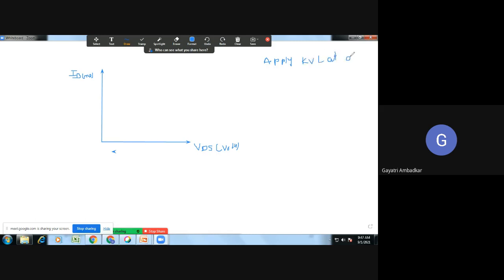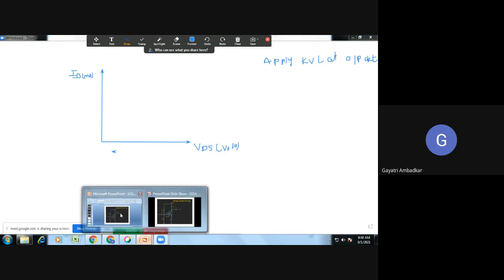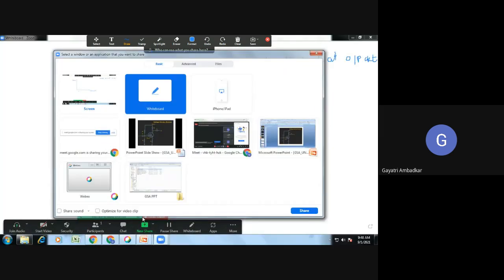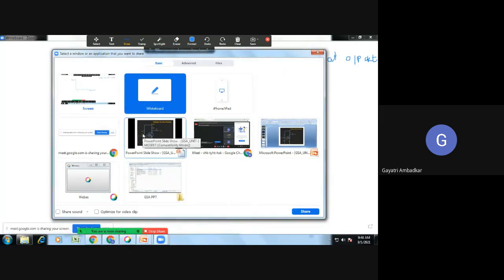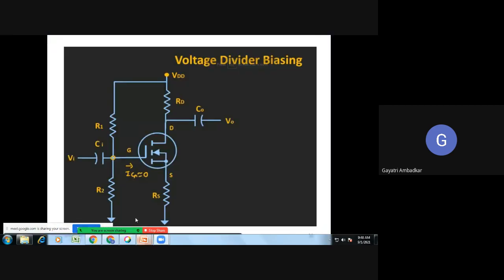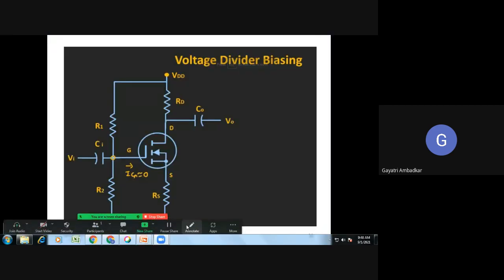Apply KVL at output circuit. So we have already done this. When I shared the new thing, have you taken the screenshot?